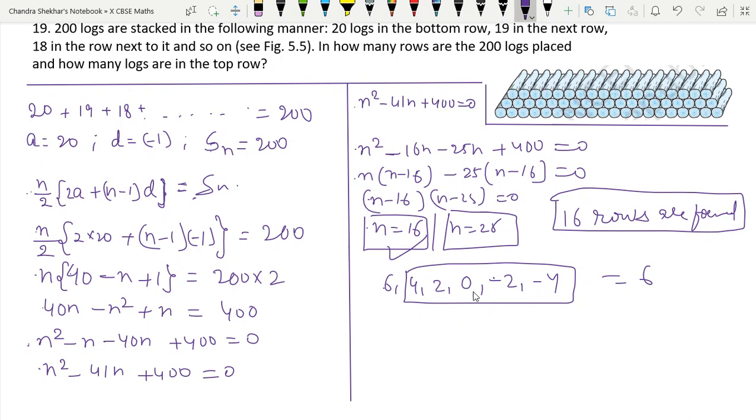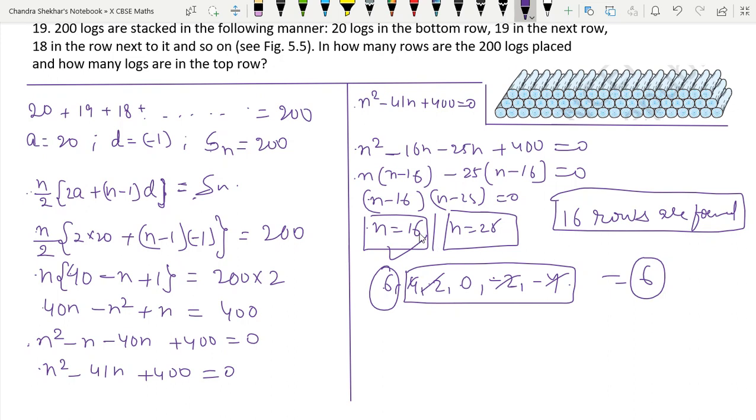Now why is the sum 6? Because these two get cancelled and there is a 0 in it. Got the point? So the sum of the first term up to the 6th term is also 6. Same thing. Why? Because some of the numbers will come negative, and that will nullify the positive numbers.